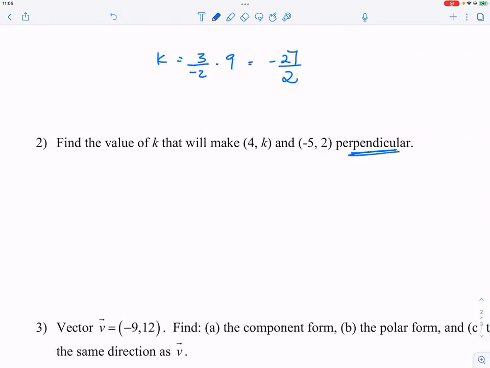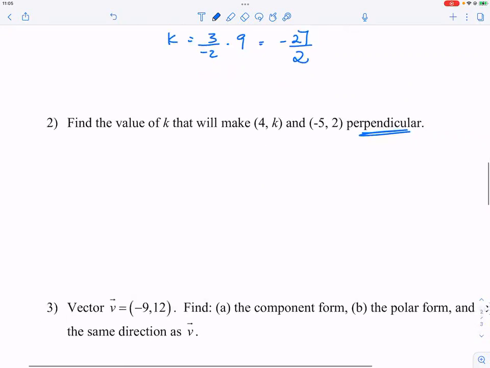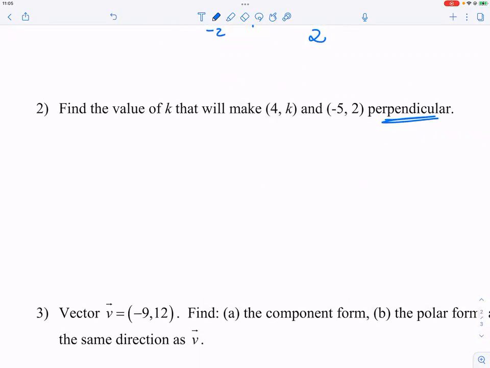Now, what if they are perpendicular? Okay. So 2 weeks ago, when we said they are perpendicular, well, cosine of 90 is equal to what? What's cosine of 90? 0.